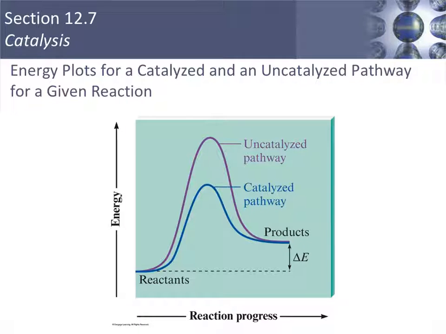So the catalyst lowers the activation energy and it speeds up the reaction. One important point is that it doesn't actually change delta E, so you're still going to be starting at the same place and you're going to be ending at the same place. So that part doesn't change. And we haven't talked about equilibrium yet, but I should also say that it doesn't affect the equilibrium.